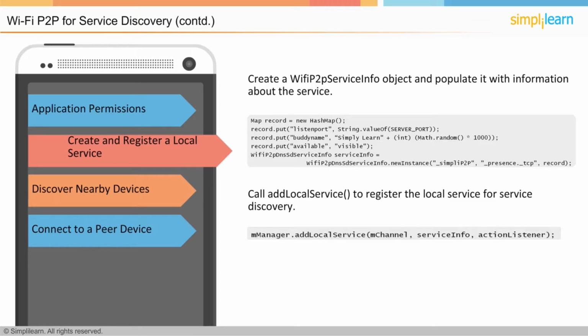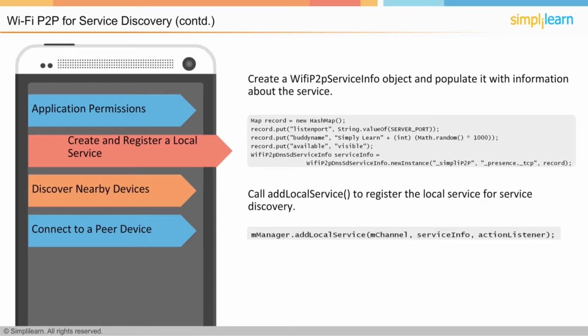mManager is an instance of Wi-Fi P2P manager, obtained by calling getSystemService and passing Context.WIFI_P2P_SERVICE, and initializing the P2P manager. mChannel is an object returned by the Wi-Fi P2P manager initialize call.